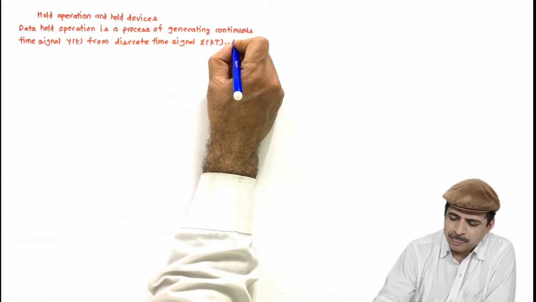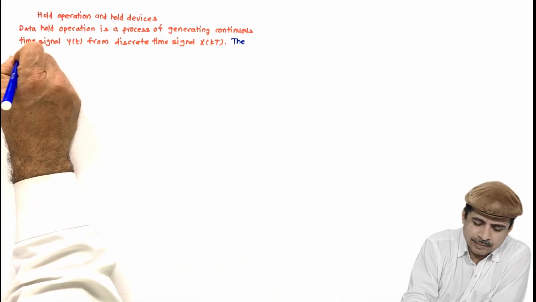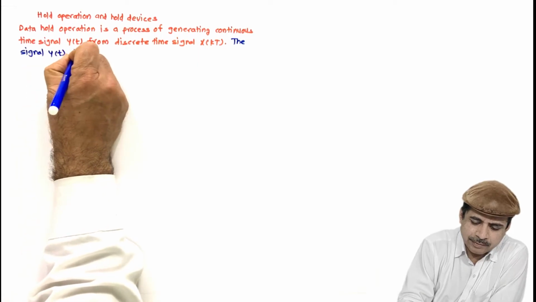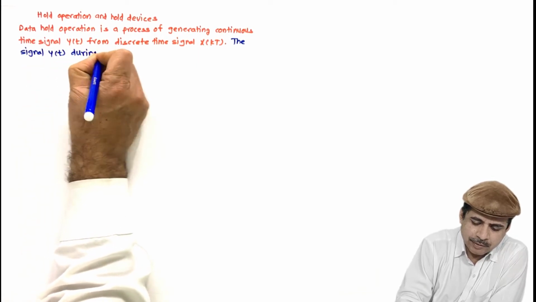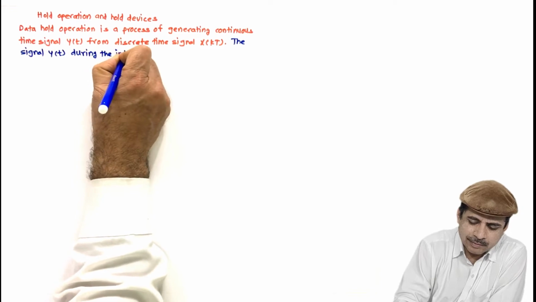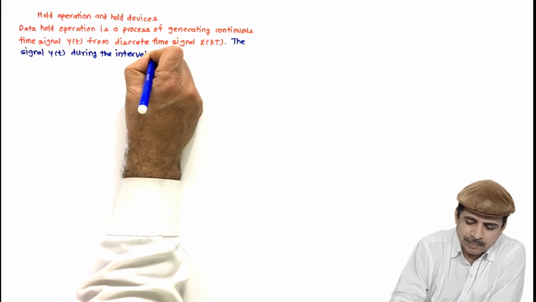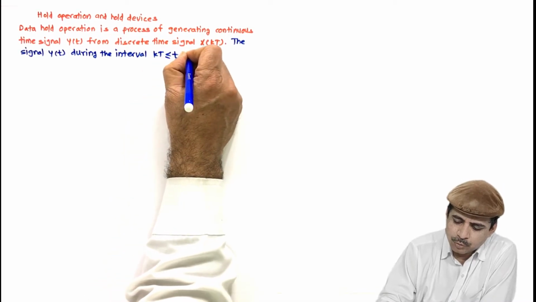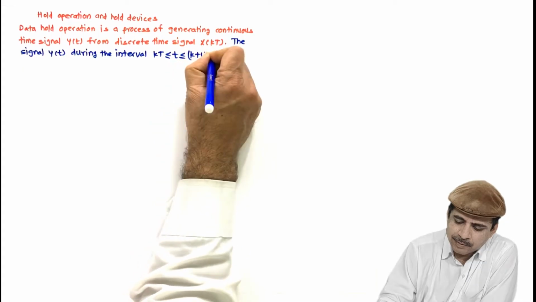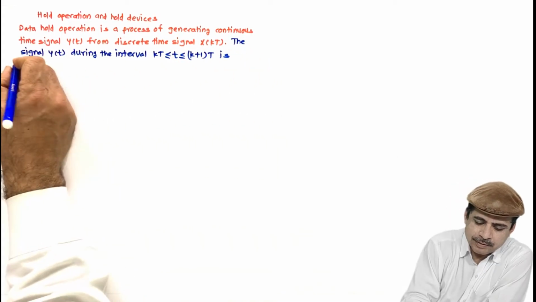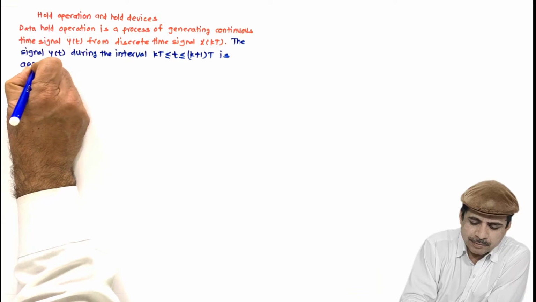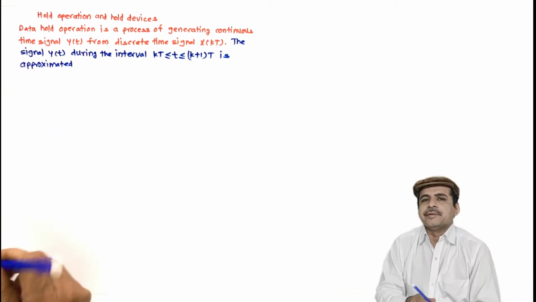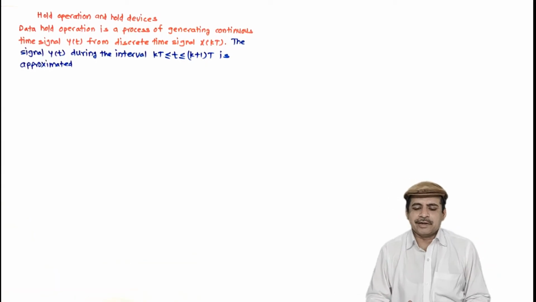The signal y of t during the interval kt to k plus 1 t is approximated. So why it is required?